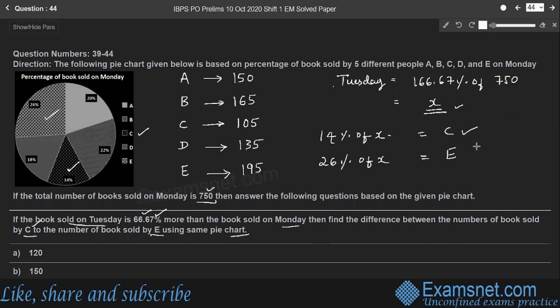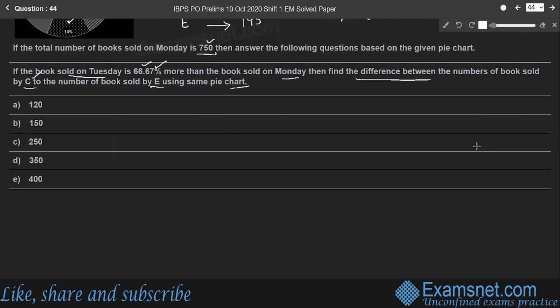Once we know these two values, 14% of X and 26% of X, we can find the difference between the number of books sold by C and by E. So let us go step by step. First, the number of books sold on Tuesday.